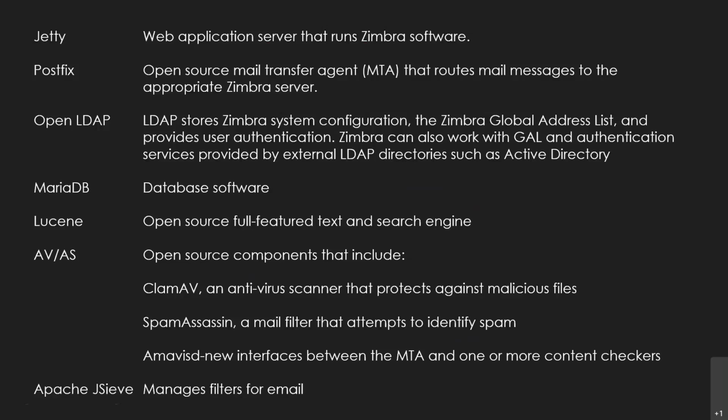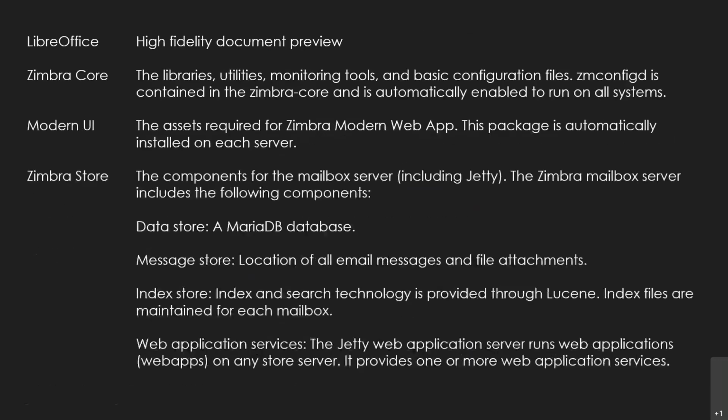It provides an interface between the MTA and anti-spam or antivirus. And Apache JSieve manages filters for email. And LibreOffice is a high fidelity document preview. It is useful to view documents in the web client.